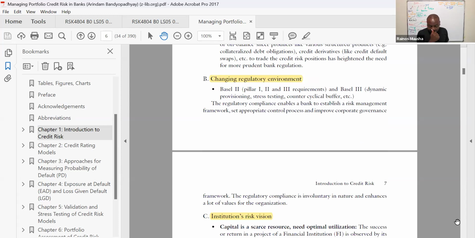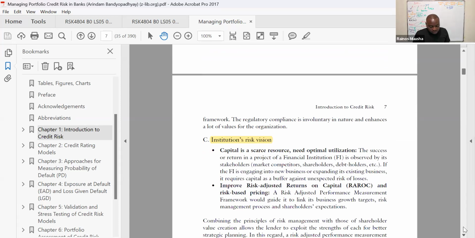They say regulatory compliance enables a bank to establish a risk management framework, set appropriate control processes, and improve the corporate governance framework. So regulatory compliance is involuntary in nature and also adds a lot of value for the organization, which means the changing regulatory environment also contributes.